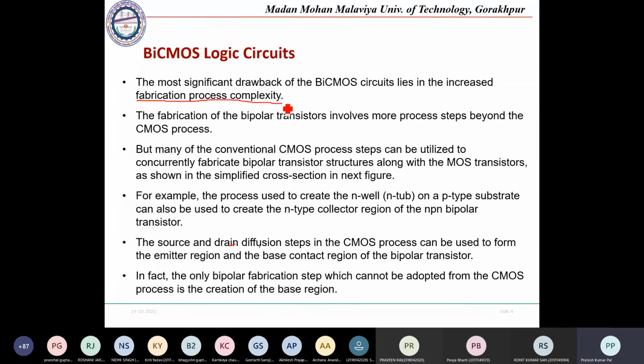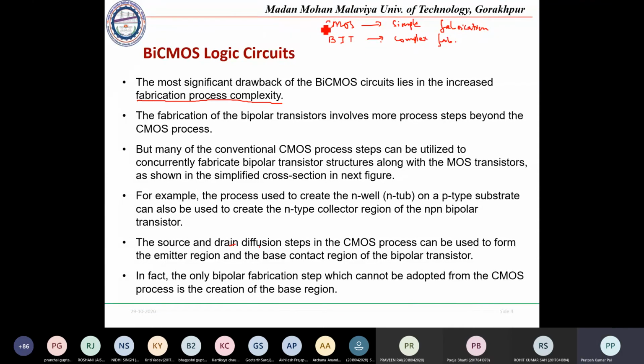If we implement the CMOS logic, simple CMOS is having a simpler fabrication. But in case of BJTs, it is having a complex fabrication.